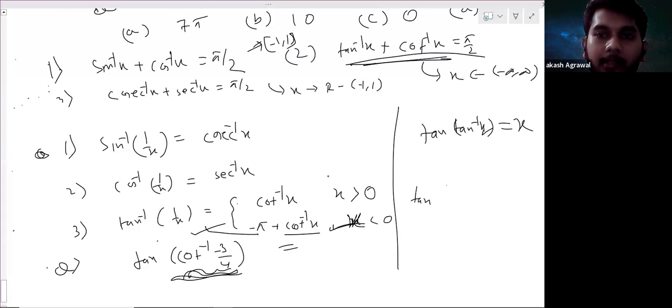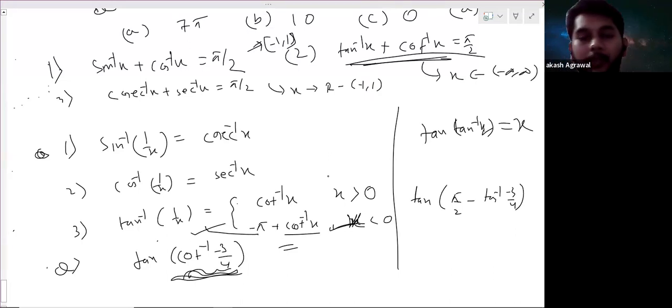So can I write this as tan of pi by 2 minus tan inverse minus 3 by 4? Now you can do this. Solve it. Get the answer.